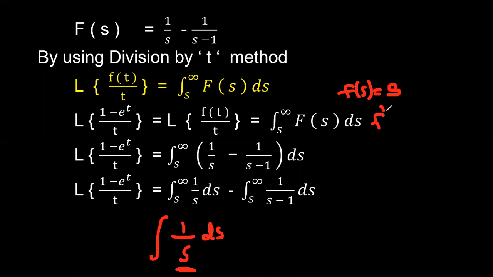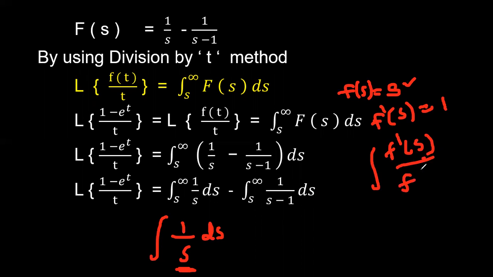If you differentiate this, f dash s is equal to the differentiation of s, which is nothing but 1. So the integration of f dash s by f of s into ds can be written as log f of s.